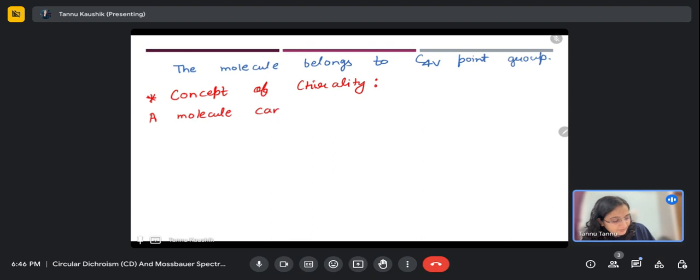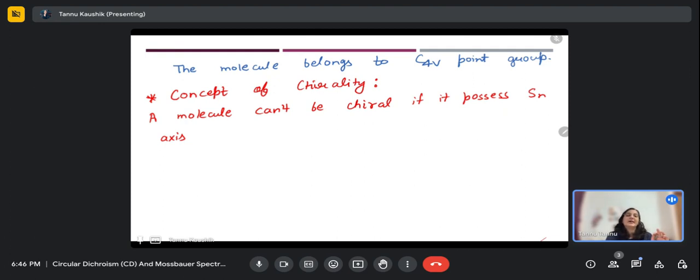A molecule can't be chiral if it possesses an Sn axis of rotation, that is, if it has an improper axis of rotation in it.